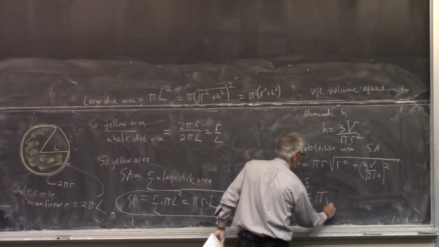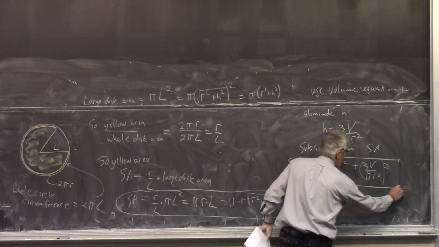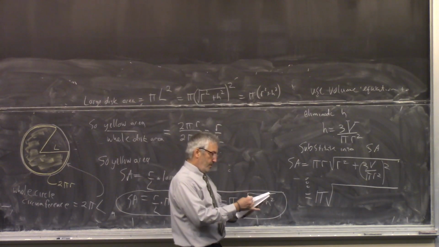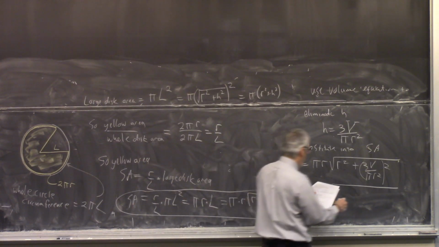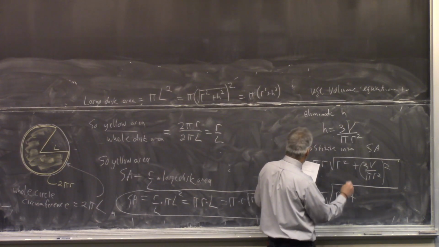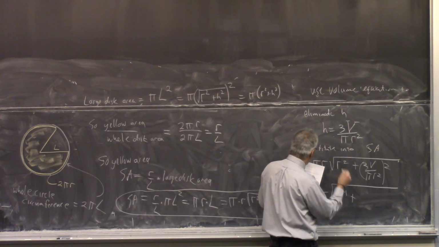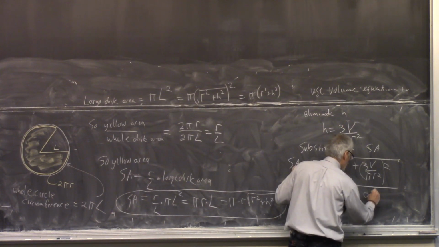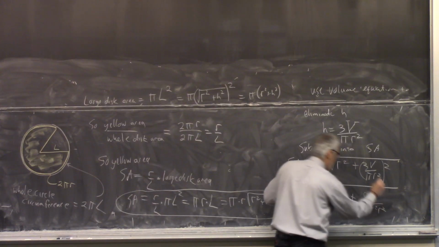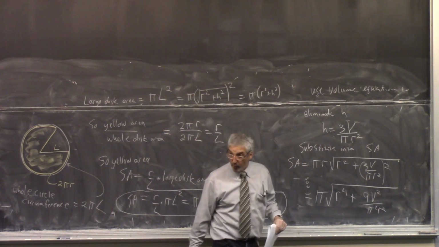Oddly enough, I'm going to bring that r inside, and it becomes r to the 4th plus 9v squared over pi squared r squared. It's a terrible looking formula.